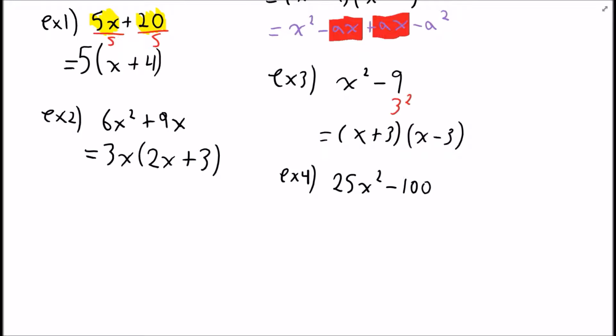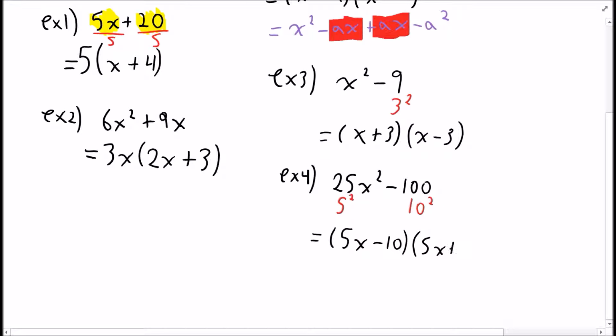And you might notice that 25 is just 5 squared, and 100 is the same as 10 squared. So when I factorize this, I would get 5x minus 10, and in the second bracket would be 5x plus 10.